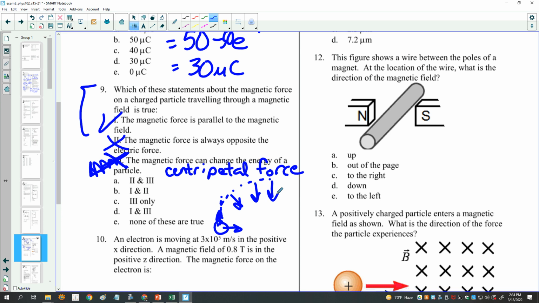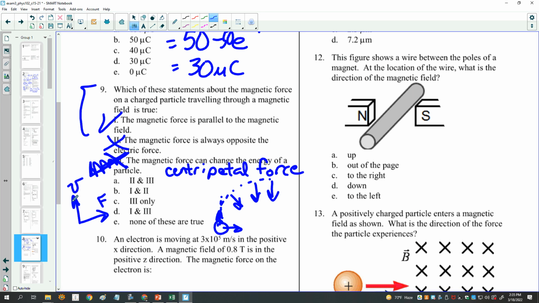Because the force is not in the direction of the velocity, that means that the force doesn't change the magnitude of the velocity. So, like you have your velocity in this direction and your force is in this direction, it's not going to accelerate.